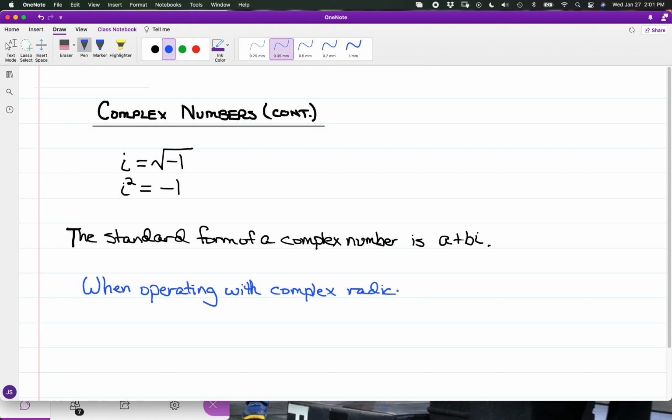So when operating with complex radicals, first express the radicals in terms of i. Now I'll give you some examples here of what we have among operations.